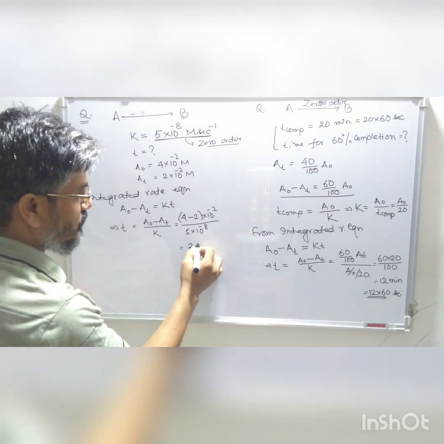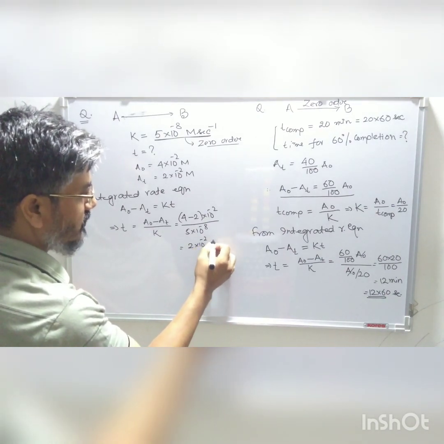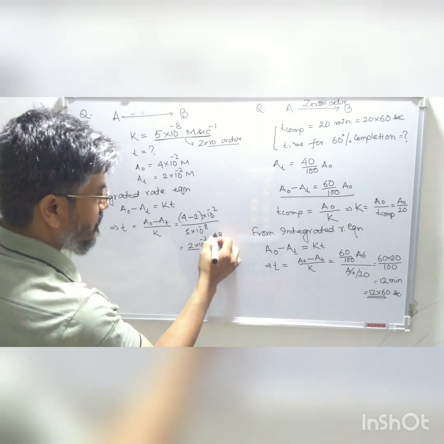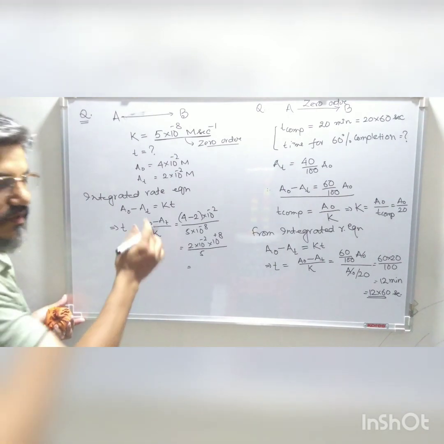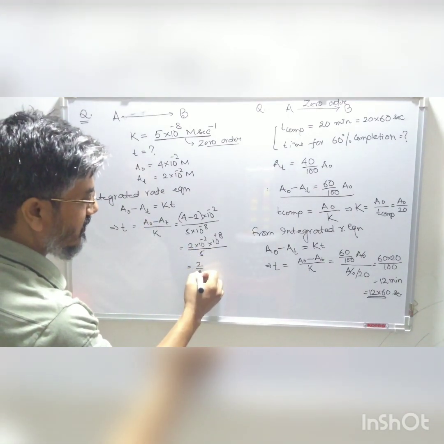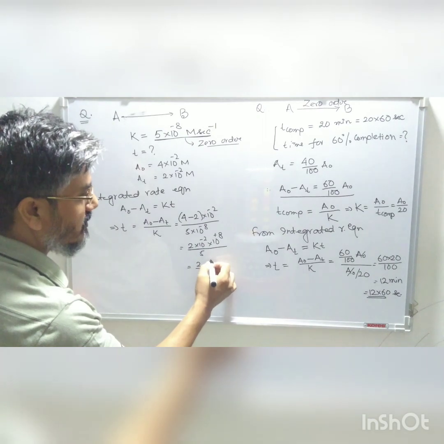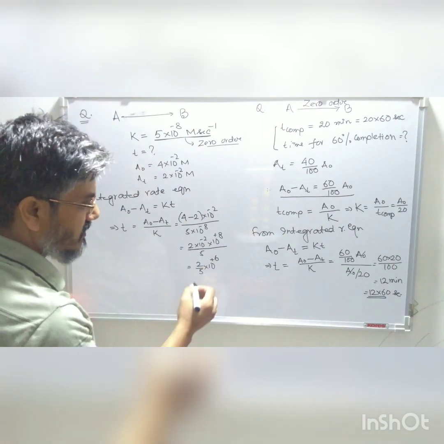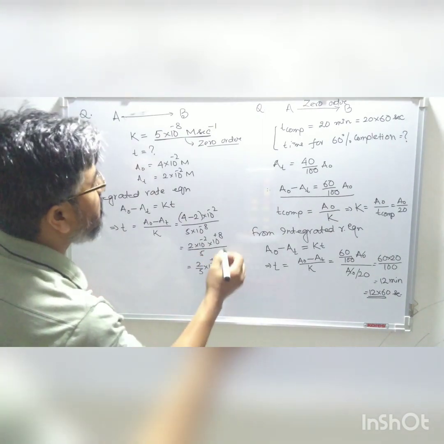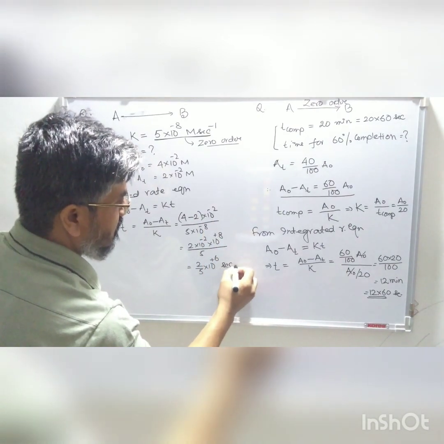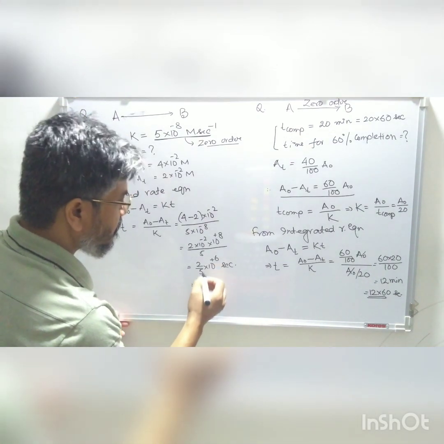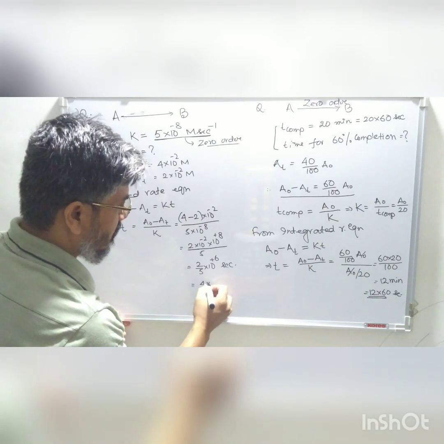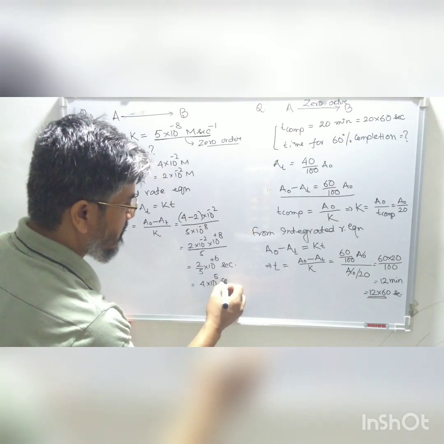So we have 2 into 10 to the power minus 2 into 10 to the power plus 8 divided by 5. So we have 2 by 5 into 10 to the power plus 6 seconds. So this is how we define t, or you can also simplify this to 4 into 10 to the power 5 seconds.